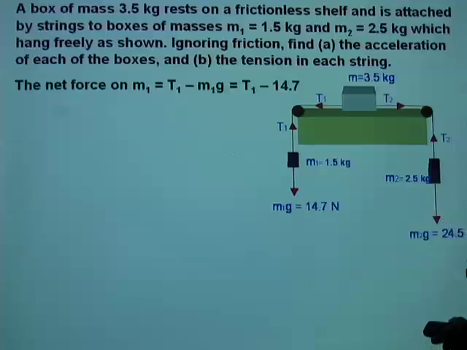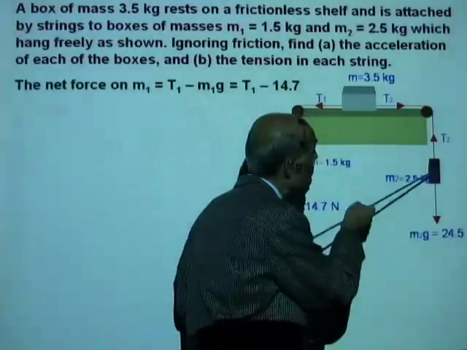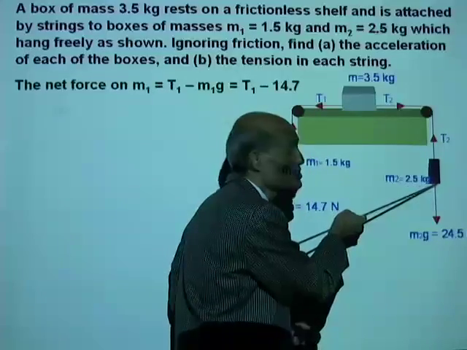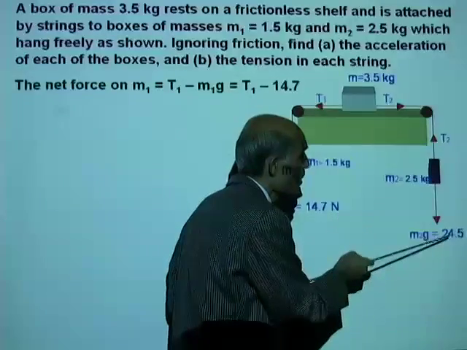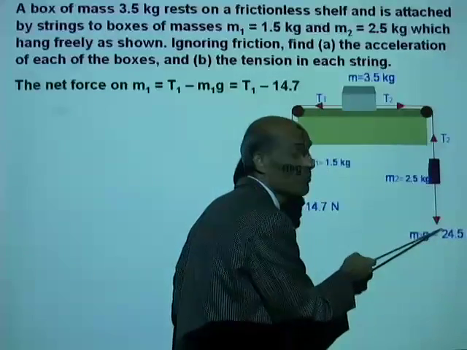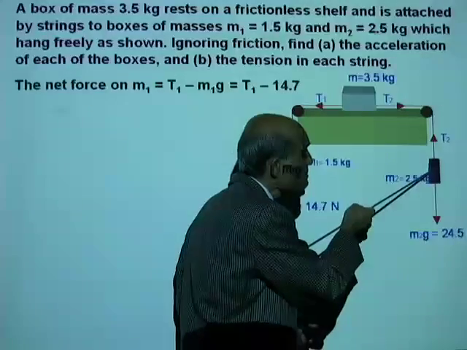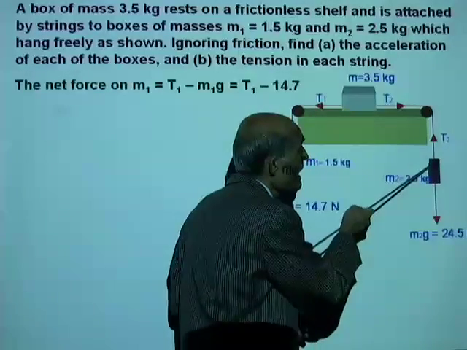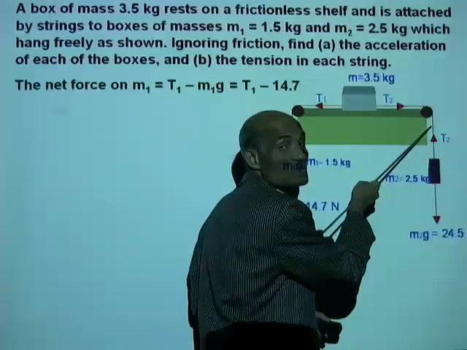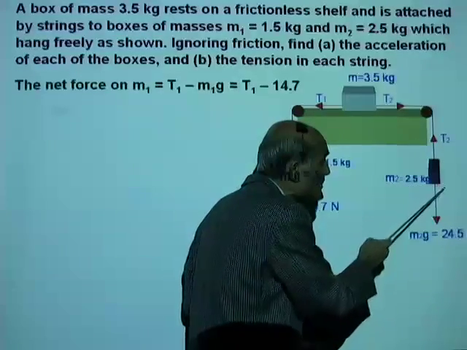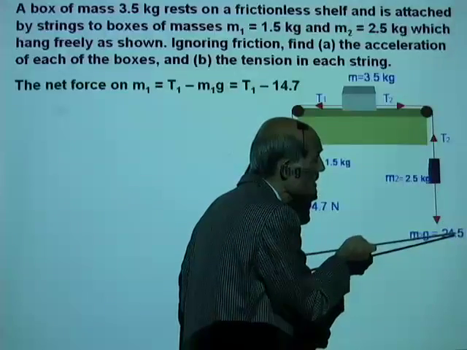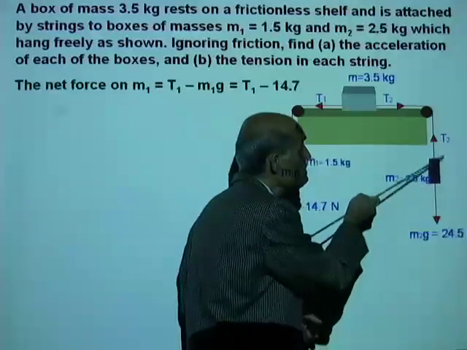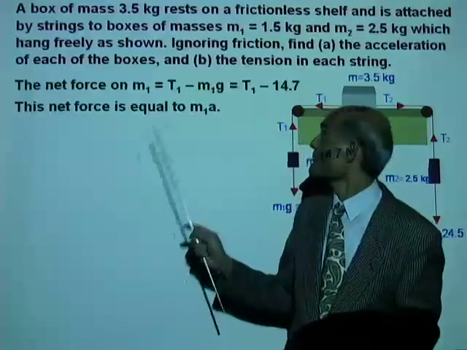What is the net force on M2? The weight of M2 will be M2G, which is 2.5 kilogram times 9.8, that is 24.5 Newton. That is the weight pulling it down, and the tension T2 is pulling it up. So the net force on M2 will be 24.5 Newton minus T2.